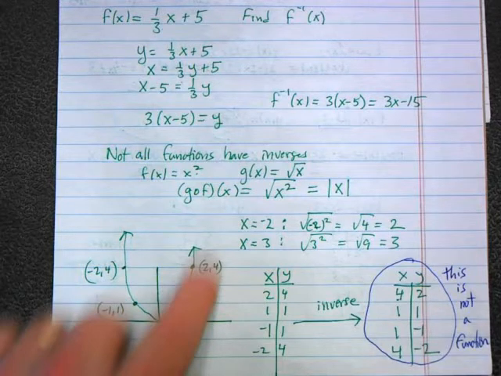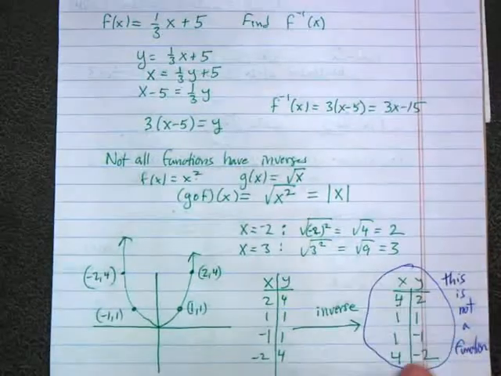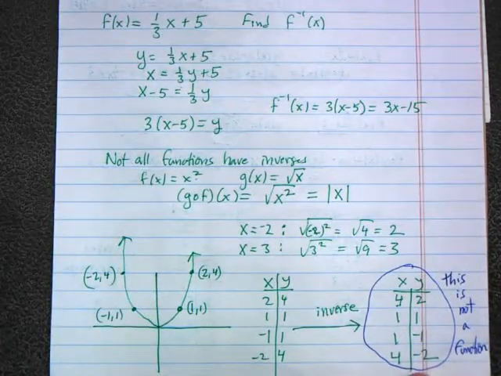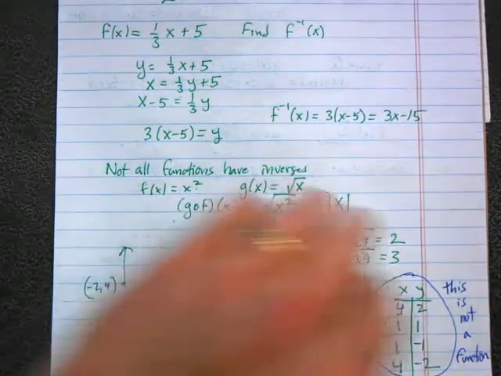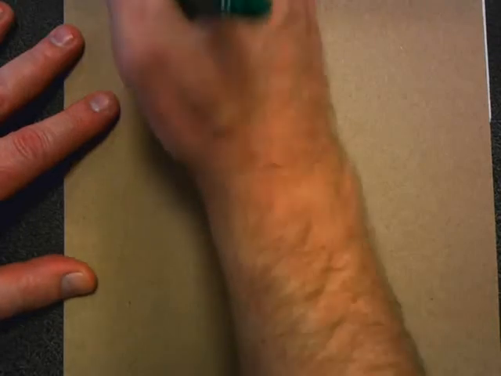So if I start with a picture and I want to talk about its inverse, none of the y values on the original thing can repeat. When I flip them and do the table thing, I'm going to have multiple x values. And there's a name for that. It's called one-to-one.